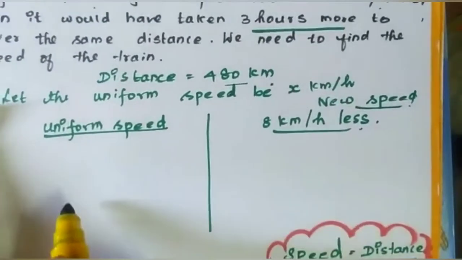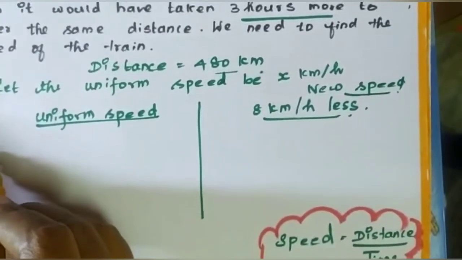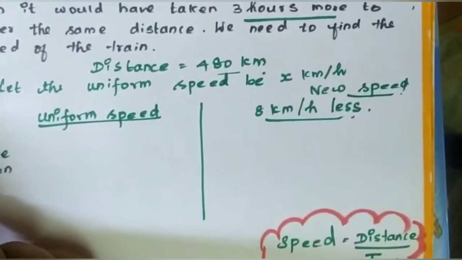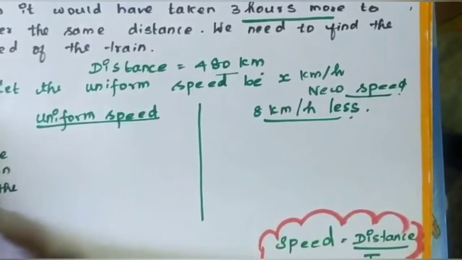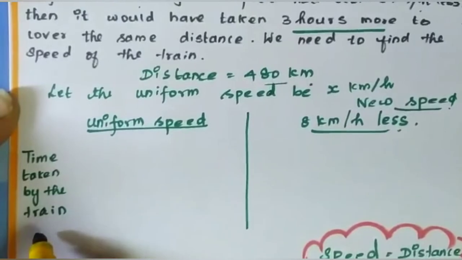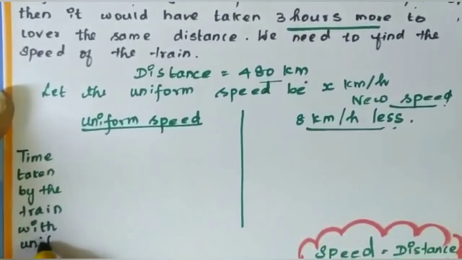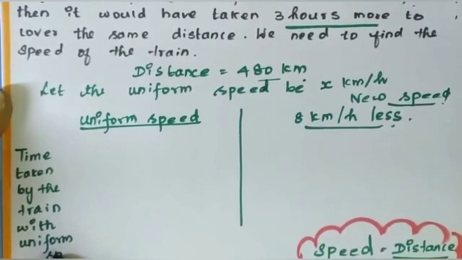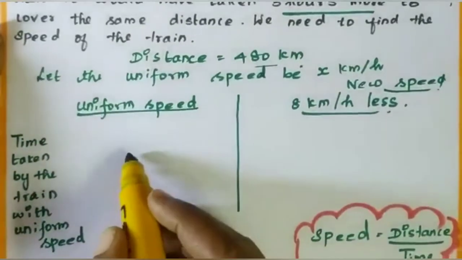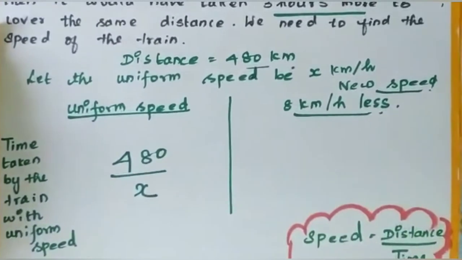Okay. So the time taken by the train with the uniform speed is 480 divided by x.